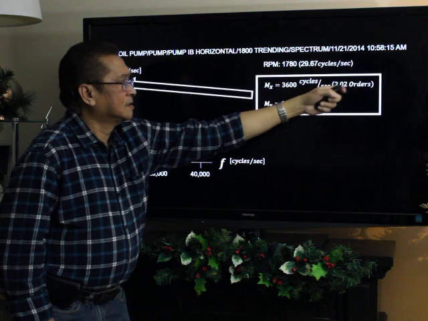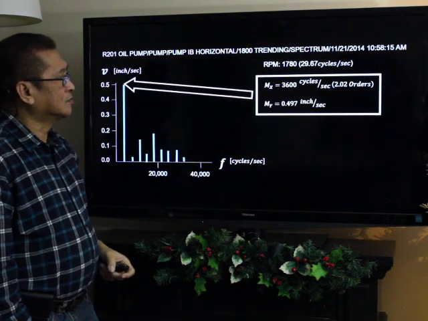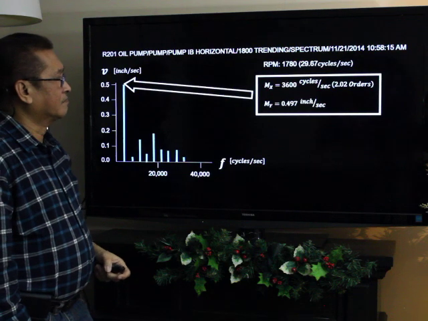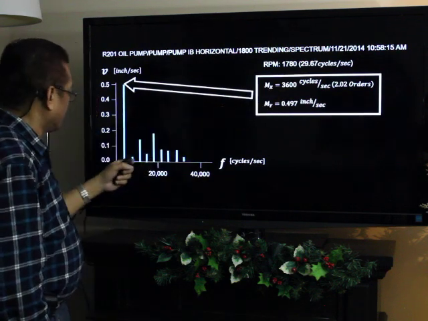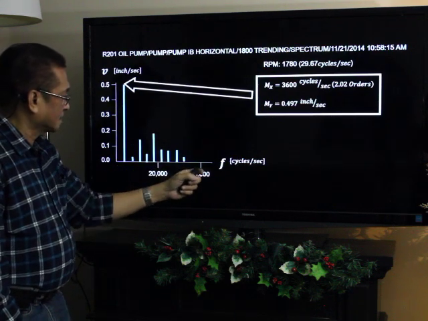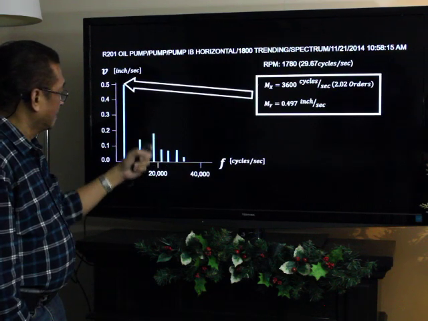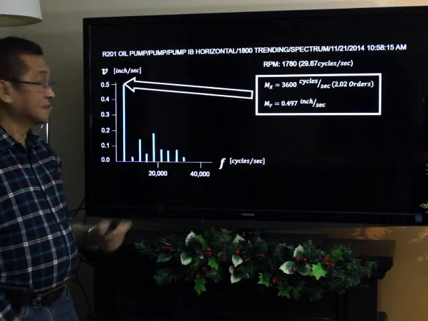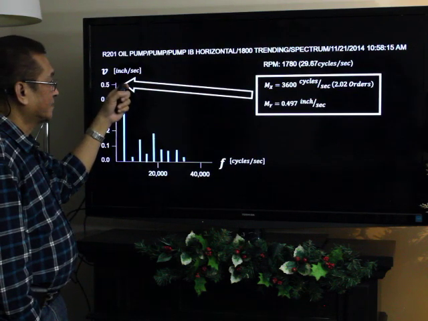So this one is the order. So it occurs at 2 times the RPM of your equipment. So 3600, if you plot it here, this is 20,000 cycles per minute, 40,000 cycles per minute, and here you will have the various component frequencies. And this one stands out at 0.497.